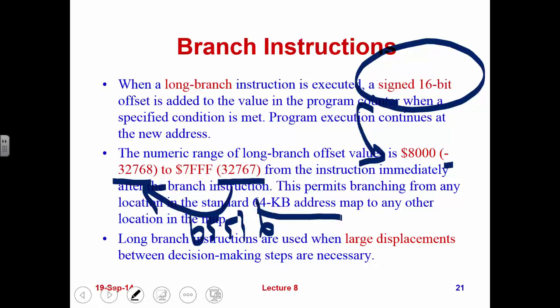Make sure, I told you guys the total memory size is 64K bytes. So if you use long branch instructions, the offset can range from 8000 to 7FFF. That can let you branch anywhere.